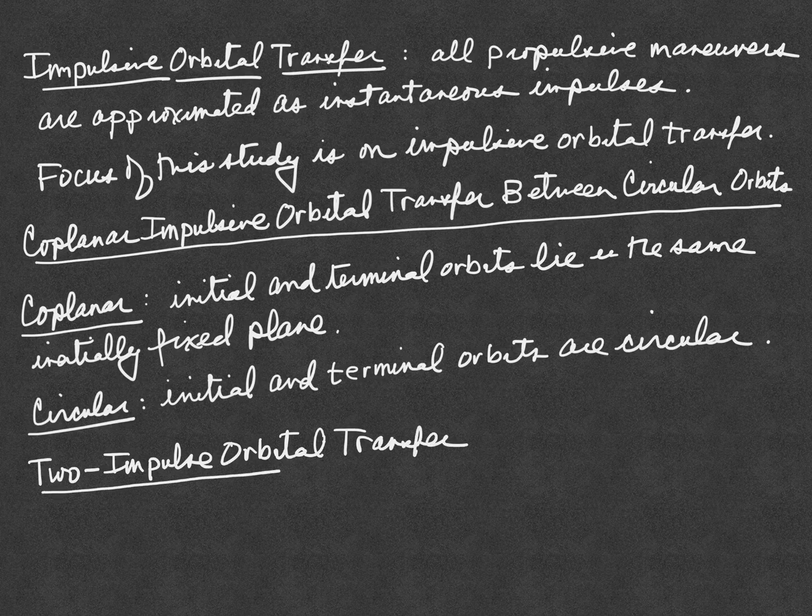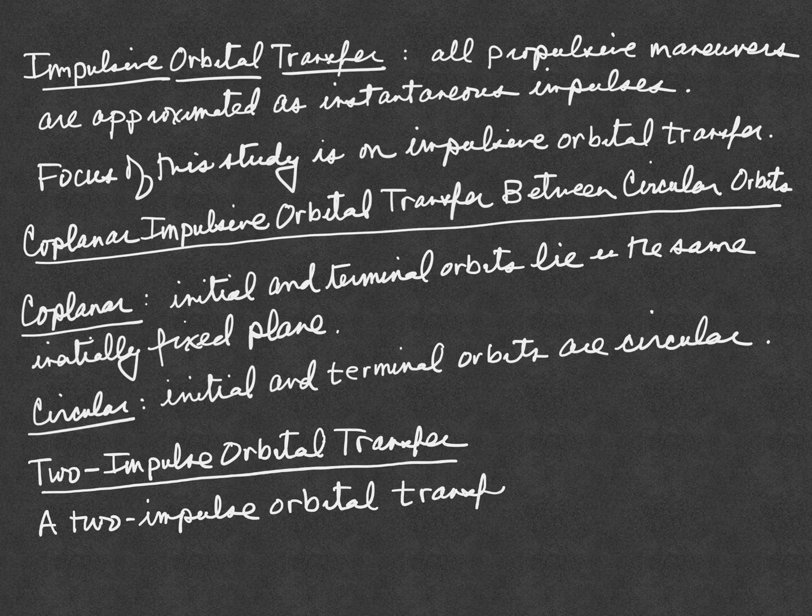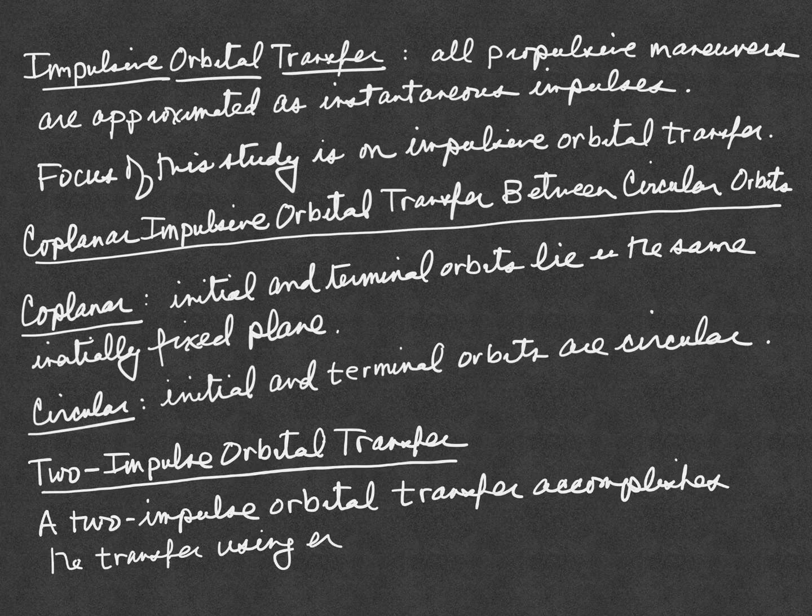Now, as the name might imply, a two-impulse orbital transfer accomplishes the transfer using exactly two instantaneous impulses.